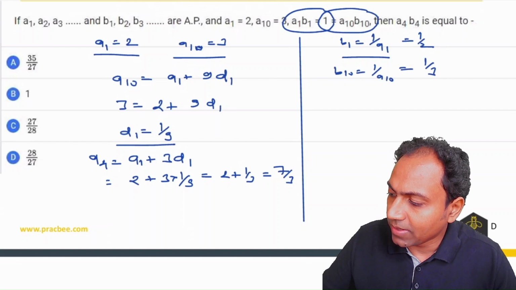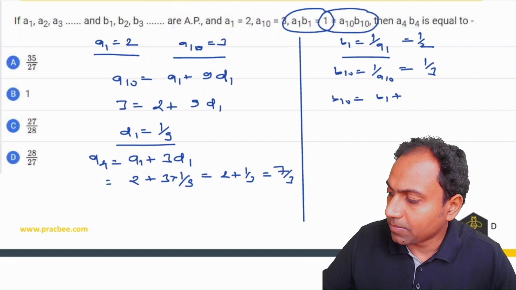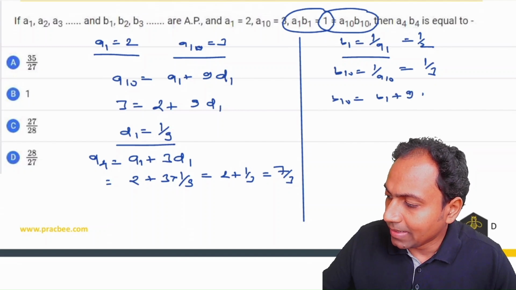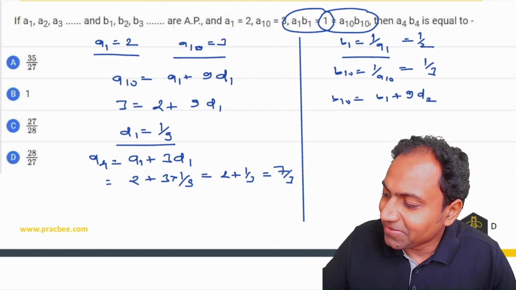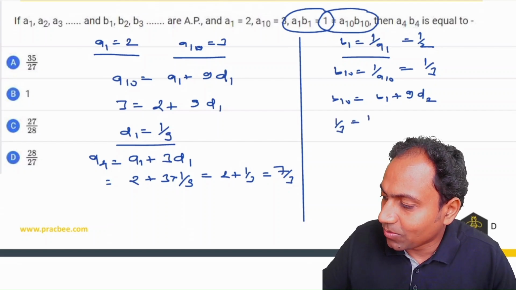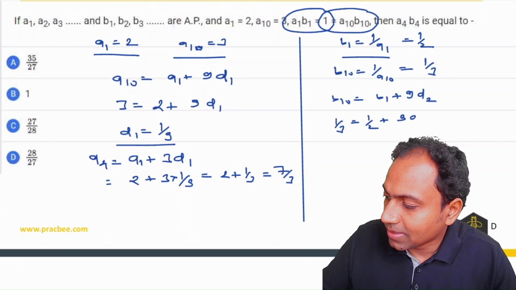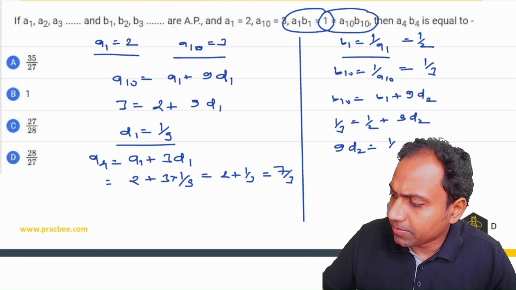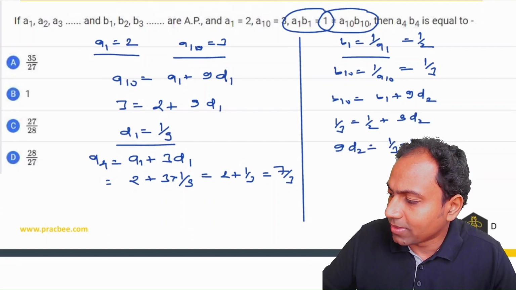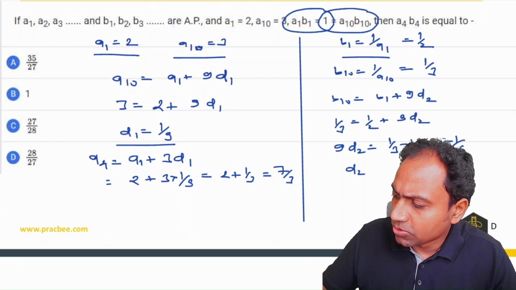Again, if I apply the formula for B10, it is B1 plus 9 times D2, the common difference of the second series. If you write 1 by 3 equal to 1 by 2 plus 9D2, you can subtract, and 9D2 can be written as 1 by 3 minus 1 by 2, which comes out to be minus 1 by 6. So D2 is minus 1 by 54.